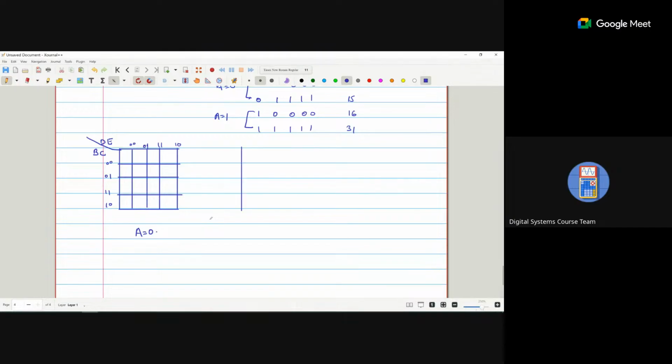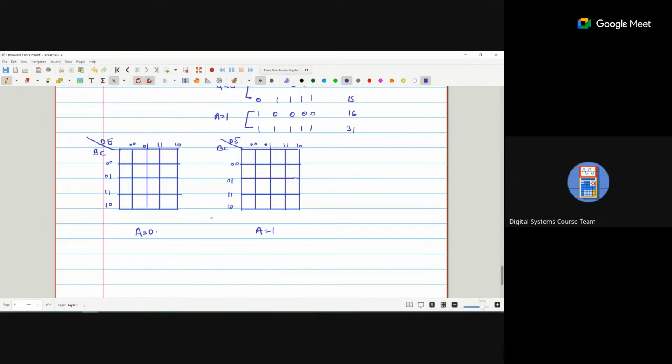And for 16 to 31, the value of A is 1, and B, C, D, E is 0, 0, 0, 1, 1, 1, 1, 0, 0, 0, 0, 1, 1, 1, 1, 0.